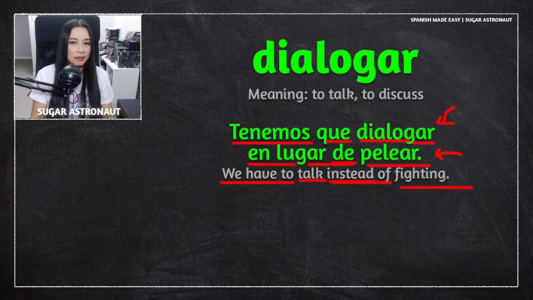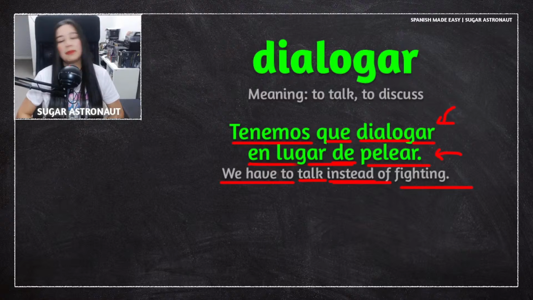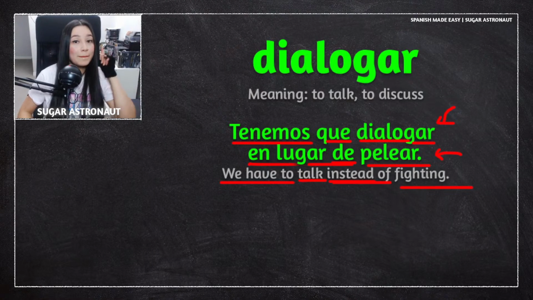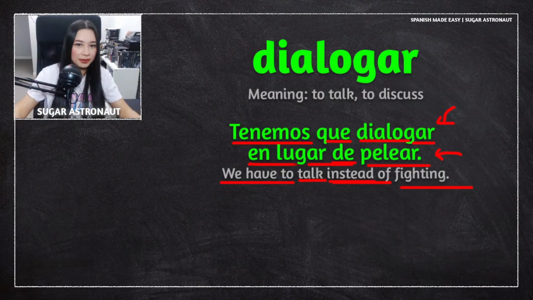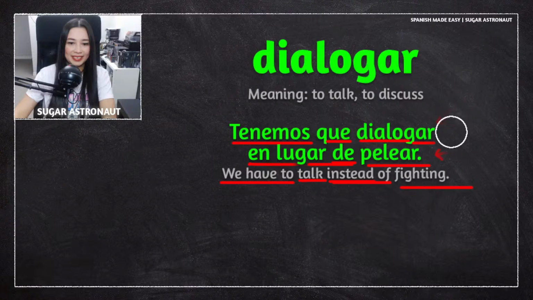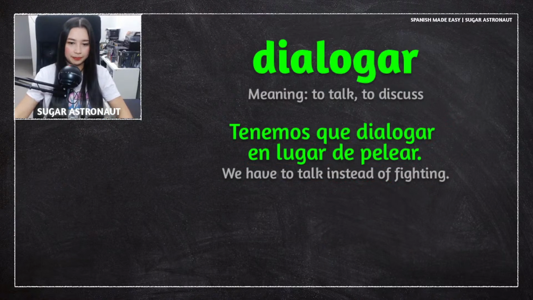So it can be literally or figuratively. And it's quite interesting, this verb, pelear. Sometimes moms say, no peleen, and that means, stop fighting, stop arguing, and so on. So it's a common thing to hear as well when people are fighting or arguing.